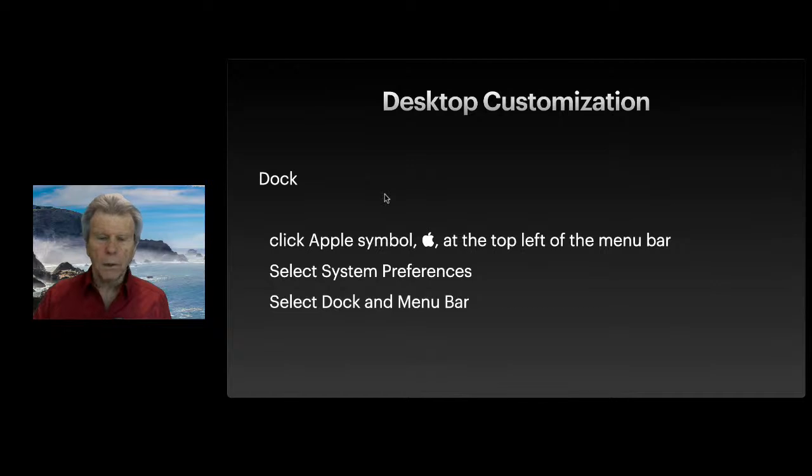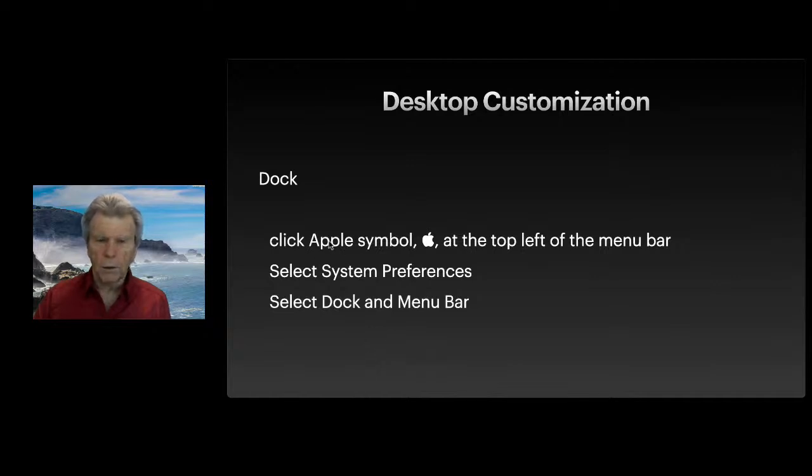So let's talk about another thing you can customize on your desktop, and that's your dock. So Alexis, who actually came up with the idea for this presentation, mentioned that many times when she's working, when the dock is at the bottom of the screen, it gets in the way. So you can move the dock to the left or to the right.